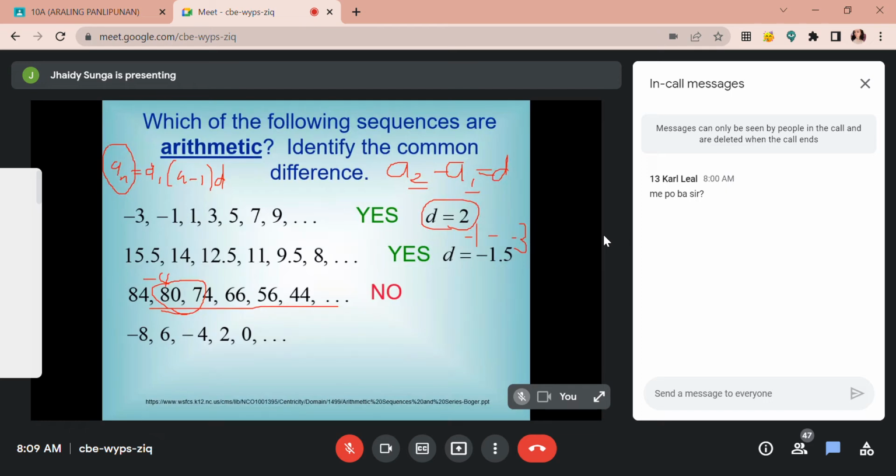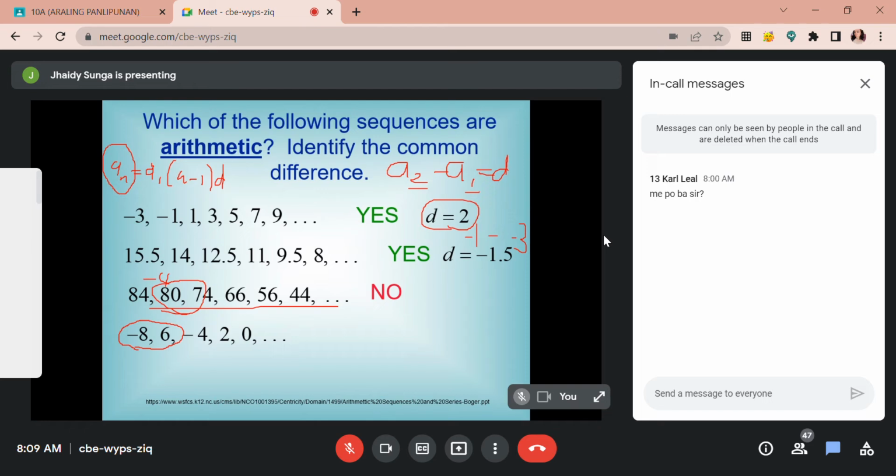Pero nahihirapan lang po ako dun sa -8, tas 6, tas -4, tas 2. My answer po is 2, pero I think it's no po. It's no. Alright, thank you, Von Andre. If you will notice, for the first and second term, what's the common difference for the first two terms?